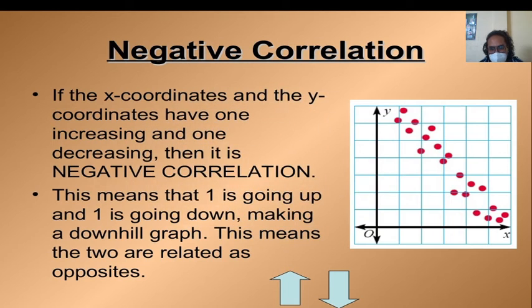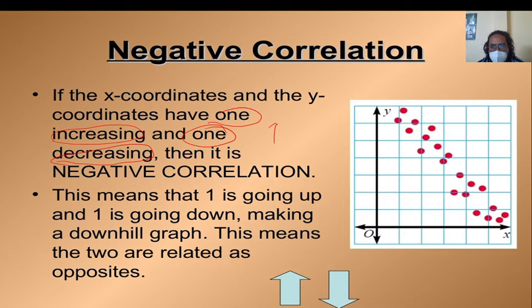Kapag sinabi namang negative correlation, if the x-coordinates and the y-coordinates have one increasing, dito naman sa negative, yung isa daw ay increasing at yung isa naman daw ay decreasing. Kapag ganun ang scenario, ang tawag doon ay negative correlation.